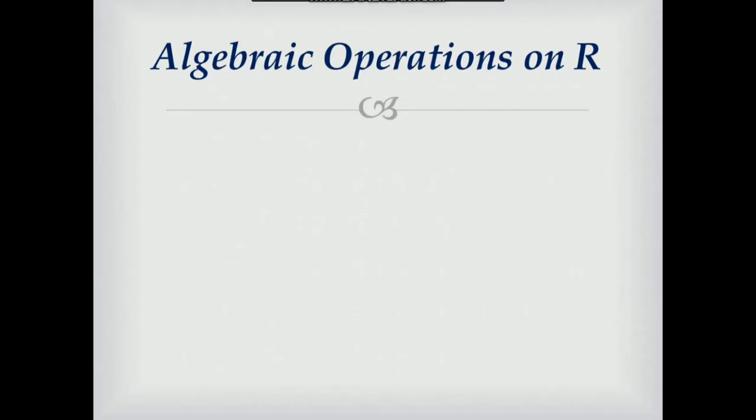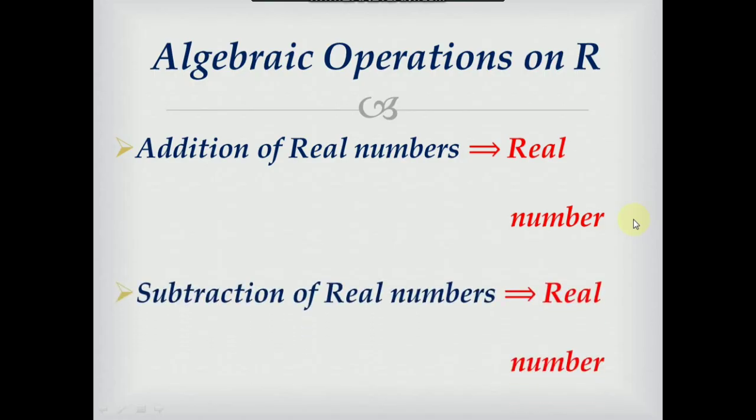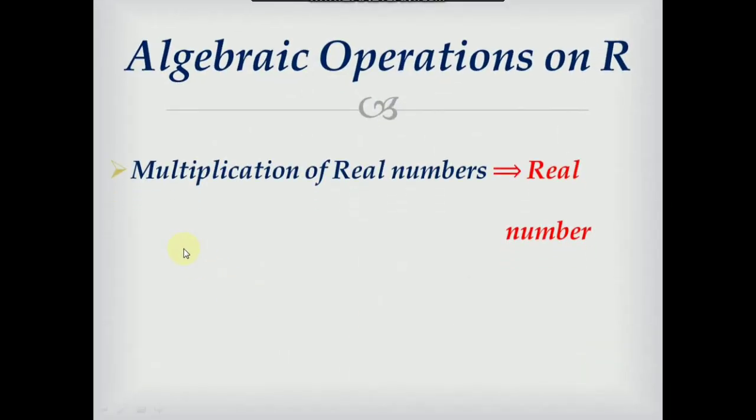We know that addition of real numbers is again a real number. That is, if we add any two real numbers, we will get a real number. Subtraction of real numbers is also a real number. That is, if we subtract real numbers, then the output of that operation is again a real number. In a similar way, multiplication of real numbers is also a real number.